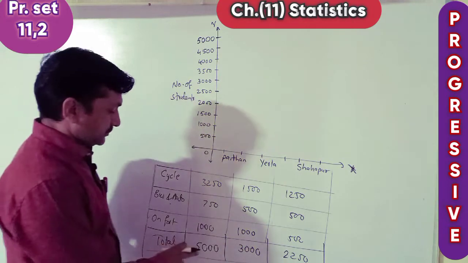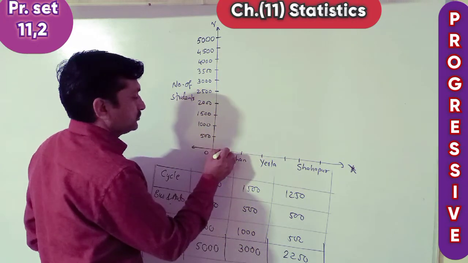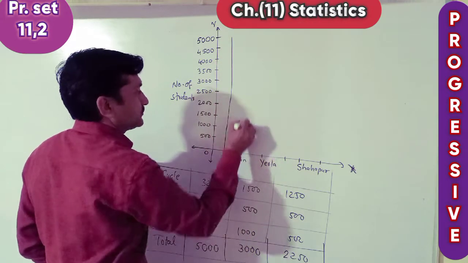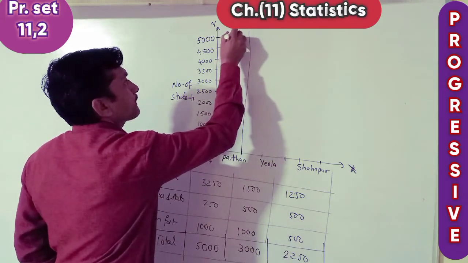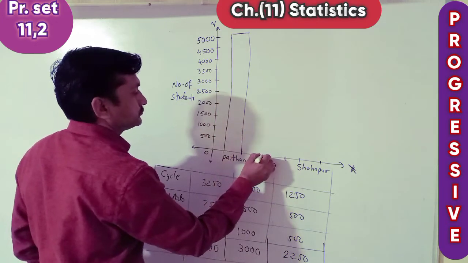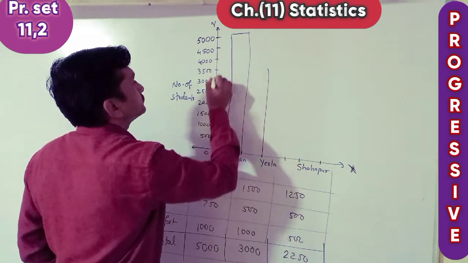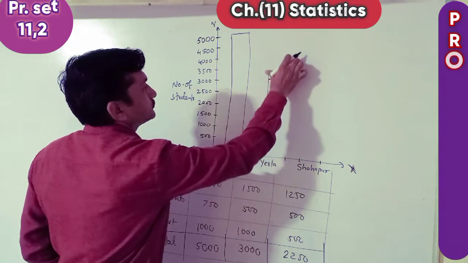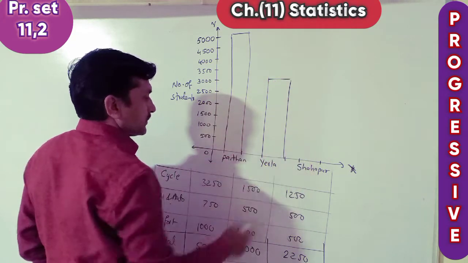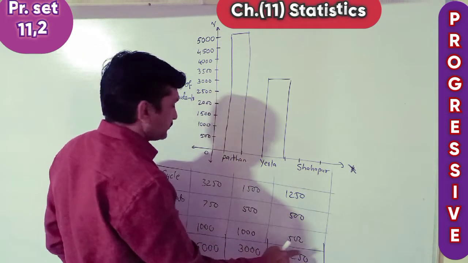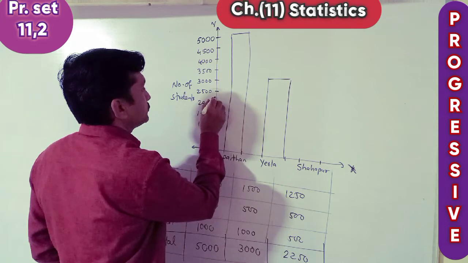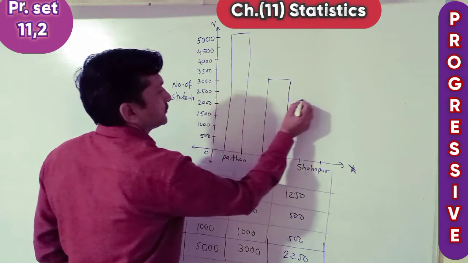Now total height 5,000. First Paitan, total 5,000 total students. Second 3,000 here. And third 2,250. 250 is here. 2,250 here.